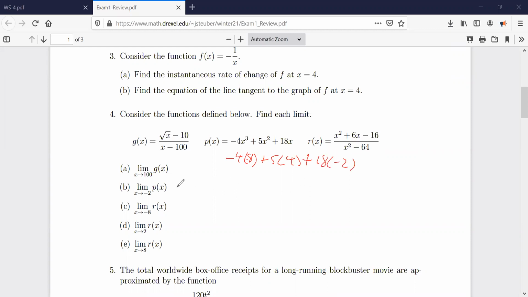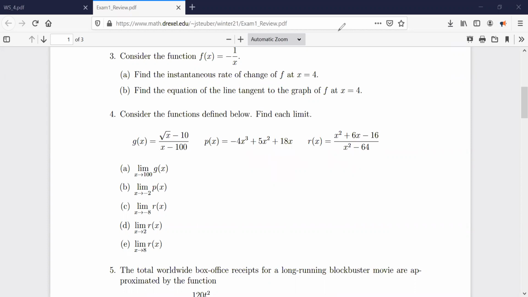And all of that comes together to be 16. Why is that 16? Oh, because this is +32, not 16, and then this is -36. Okay, so that's why it comes together to get 16. Cool.